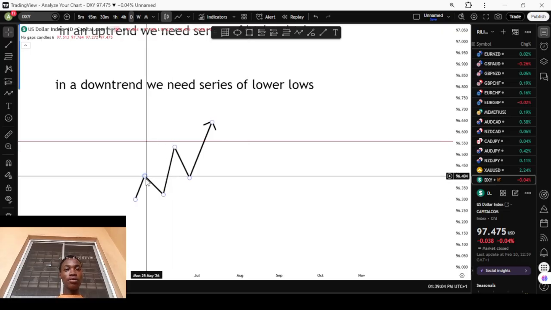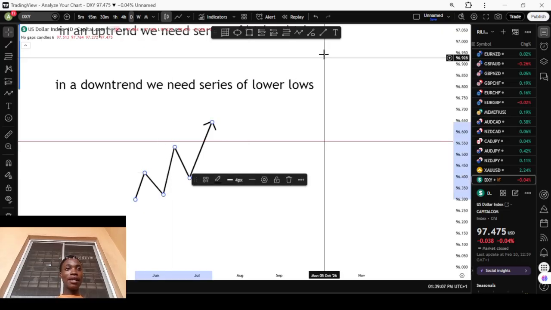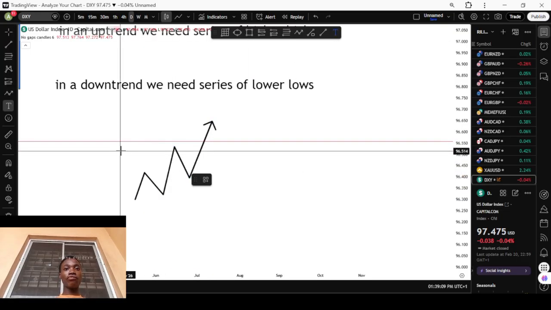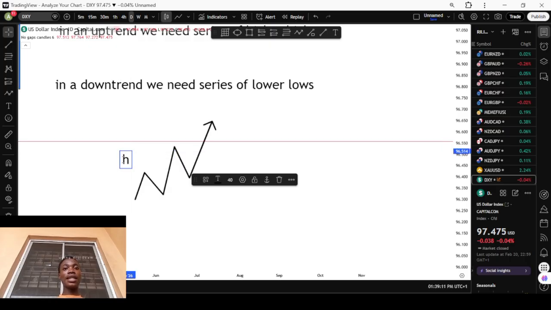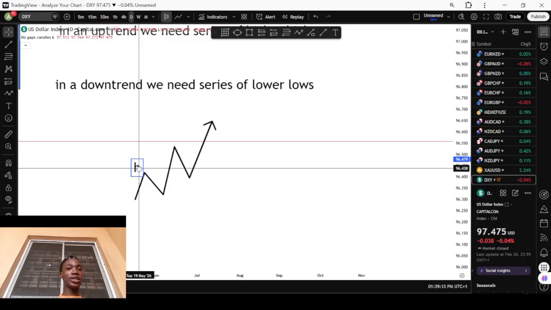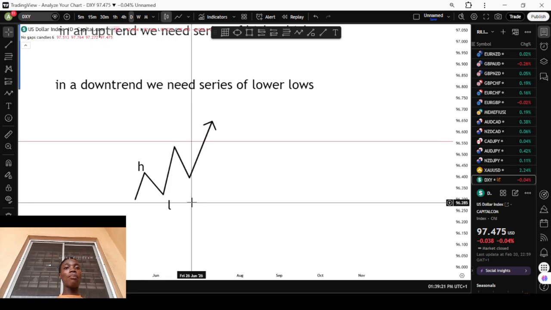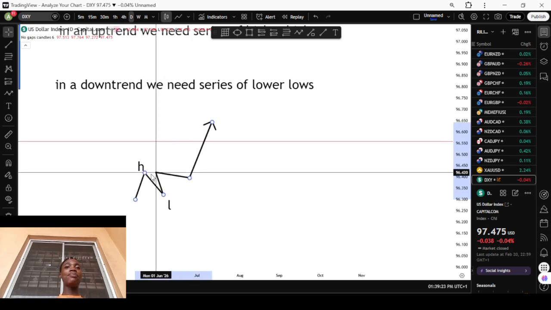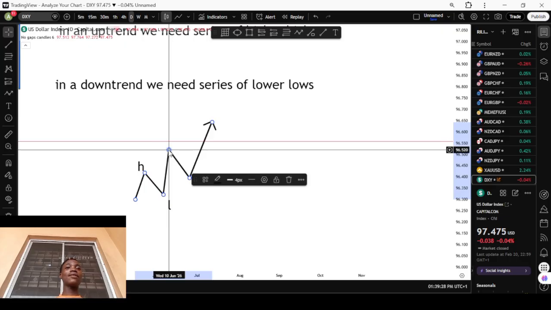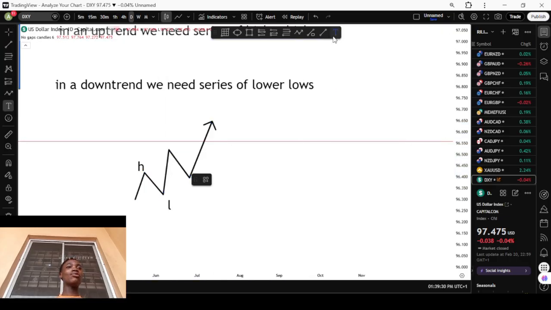So guys, this is a high, let's represent high as H. This is a low, let's represent low as L. But immediately this market breaks above this previous high, that will give us a higher high. It's as simple as that guys.